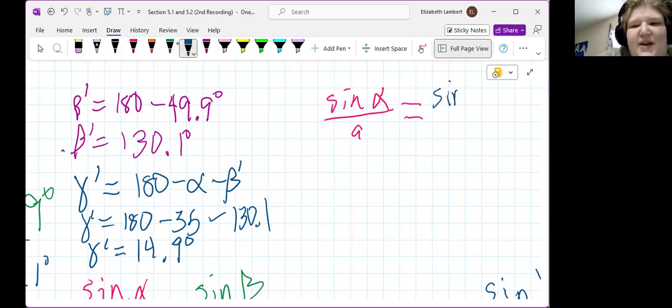And then sine of, we know our gamma prime. I'm trying to find C prime. Now, if instead of using C prime, you just want to call it another letter, same with the beta prime and gamma prime, if you just want to call them other letters, that's fine. Just make sure you label it so you remember what was what.